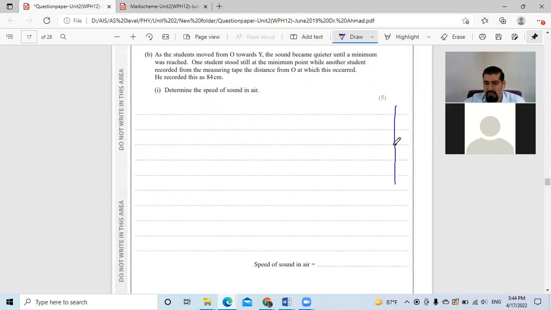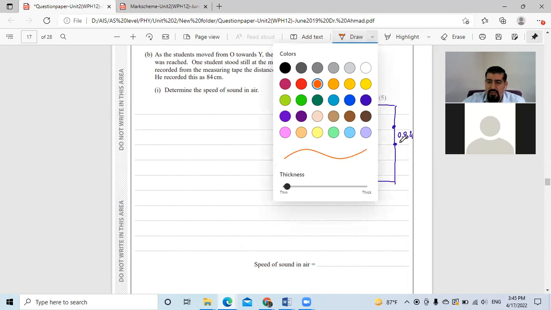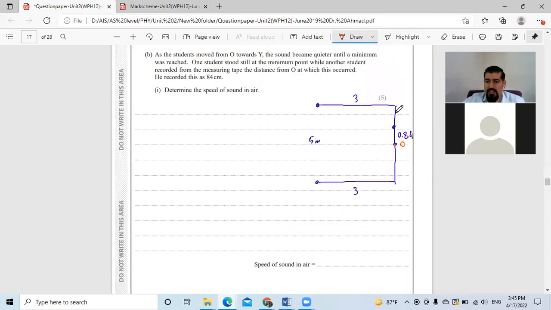This is the measuring tape. This is point O. He moved upwards until here, for example, a distance of 0.84 meter. The two loudspeakers, one is here and one is here. The distance from here to here is 3 meters, and the separation distance between them is 5 meters. So O is 2.5 meters from each side.